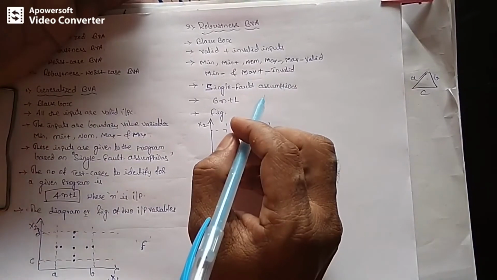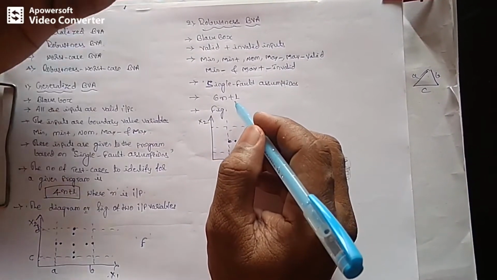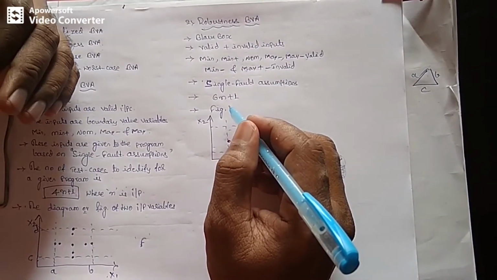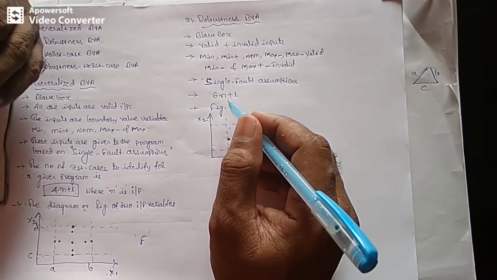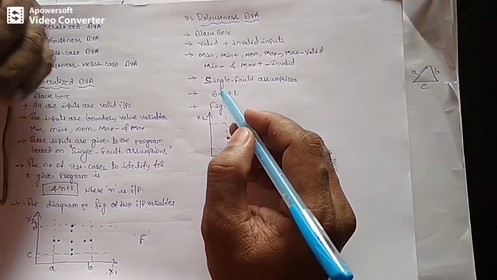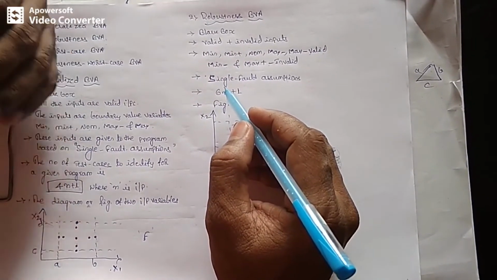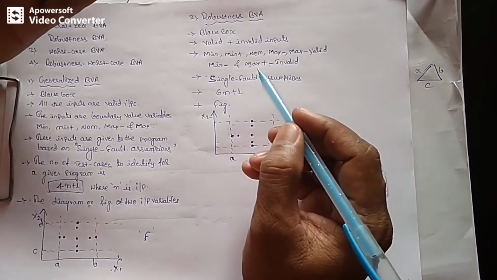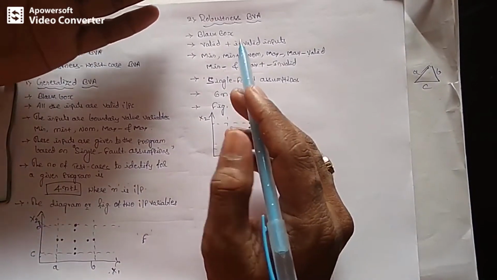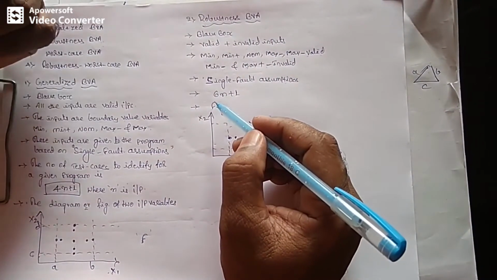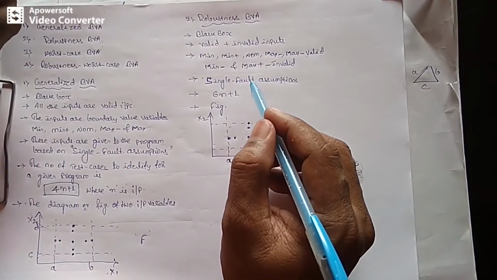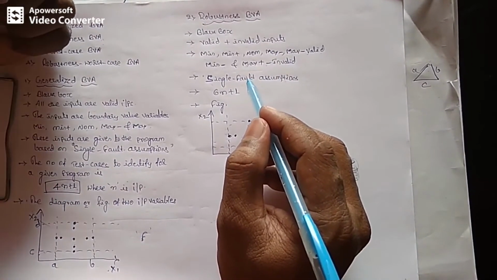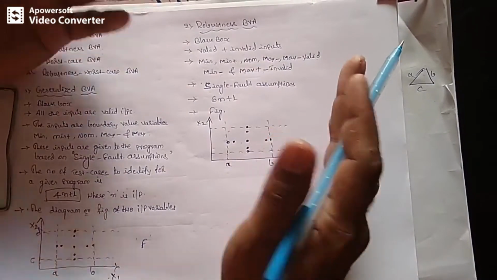If n inputs are there for a given program, out of those n inputs, one input variable value we need to keep changing with respect to the valid input boundary value variables like minimum plus, nominal, max minus, max. The remaining inputs we need to keep at nominal. That is the meaning of single fault assumption: one input variable we keep changing and the other inputs should be nominal.